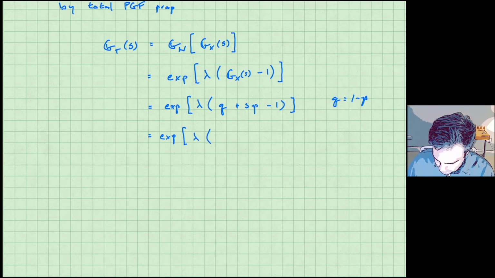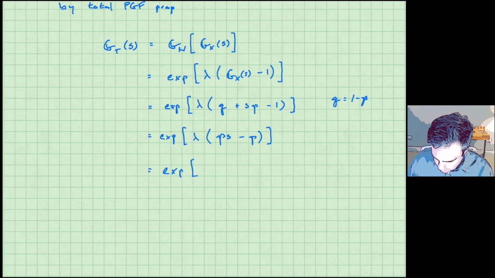So I've got 1 minus p, all this stuff put together, the ones go away. So I get p times s minus p. Or in other words, exp of lambda p times s minus 1.